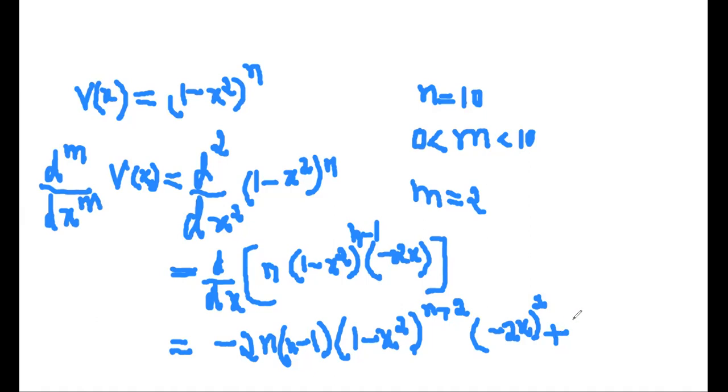So minus 2n into 1 minus x square whole power n minus 1 into 1 అవుతుందండి.